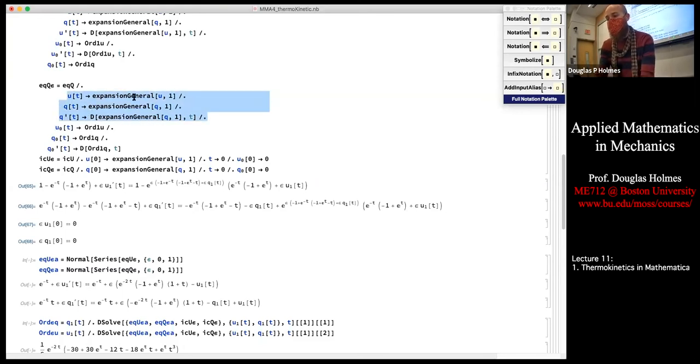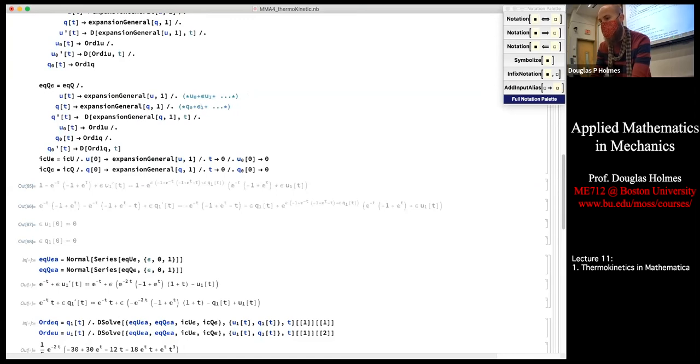So remember these things. This is inserting u naught plus epsilon u1 plus and so on, and then this one is doing the same, but for Q. That made things look ugly.